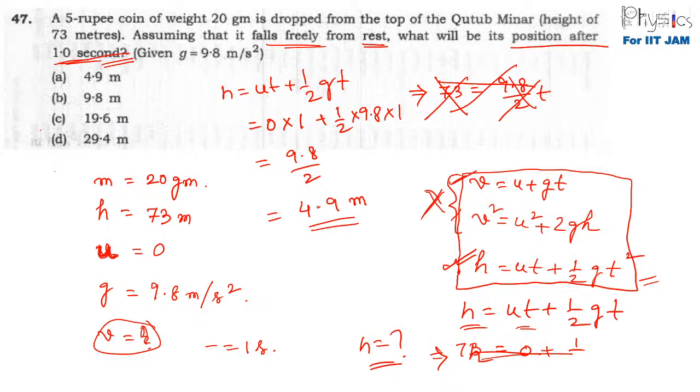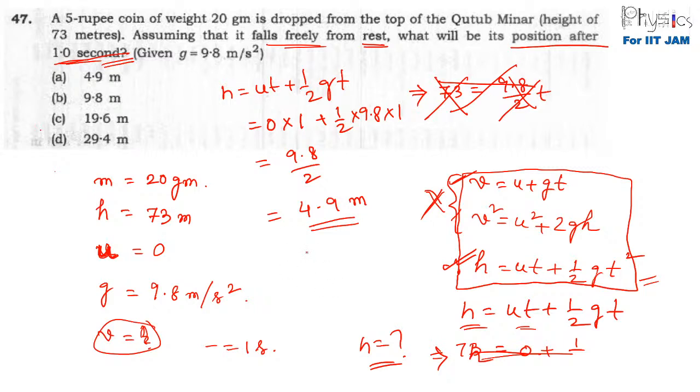So let's read it again. A 5 rupee coin of weight 20 gram is dropped from the top of the Qutub Minar, height of 73 meters. Assuming that it falls freely from rest, what will be its position after 1 second?